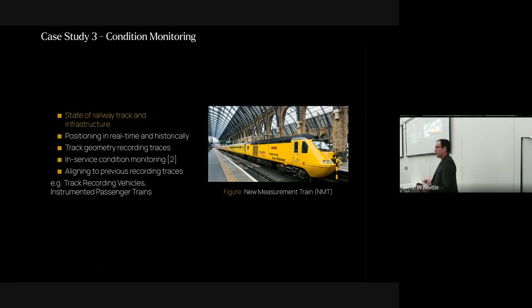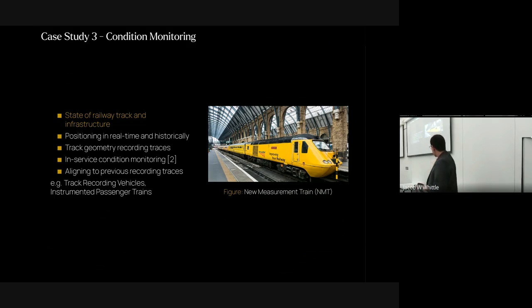This involves positioning the vehicles or the faults in real time and historically. The typical example would be a track geometry recording trace, which is a variation in a parameter such as vertical regularity or top along the distance along the line. But there's an increasing amount of research into in-service condition monitoring, which involves fitting sensors to passenger trains or freight trains and collecting that data and comparing it.